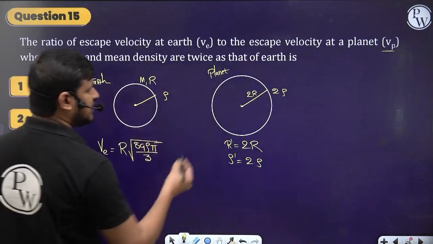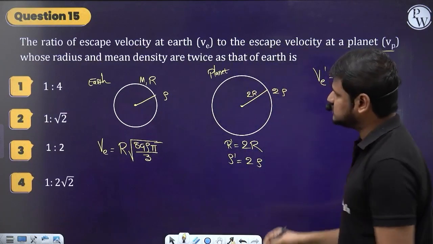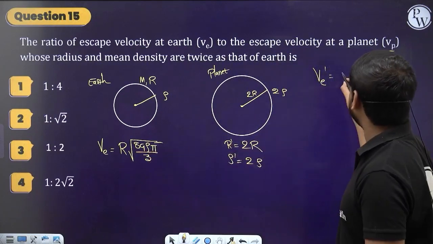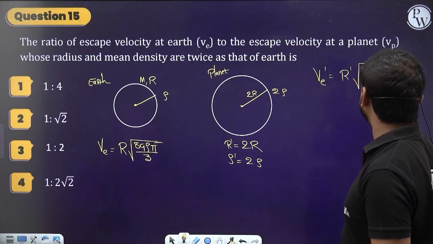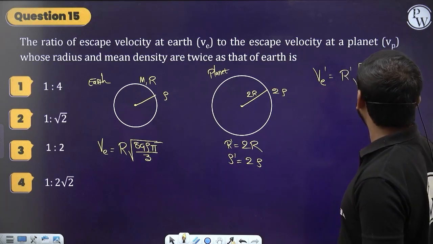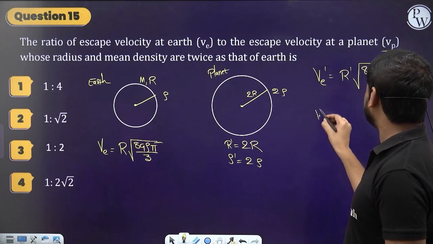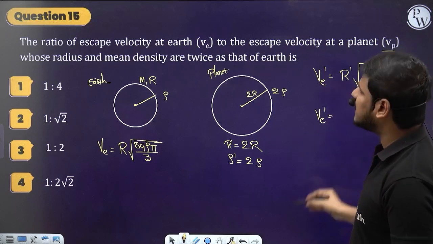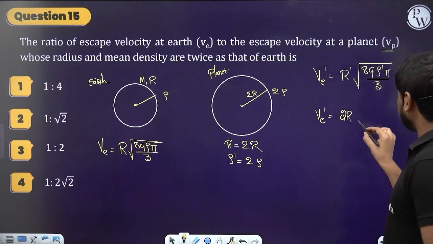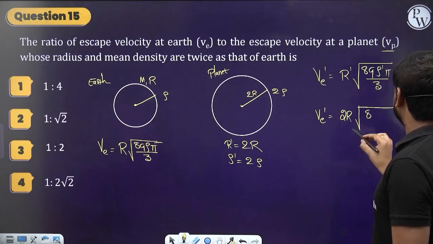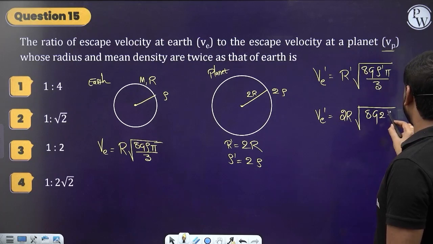Now the escape velocity of the planet, let it be VE dash, equals the radius of the planet r dash into root of 8 G rho dash pi by 3. Here 8, G, pi and 3 are constants. In place of r dash you can write 2r, and rho dash is 2 rho.